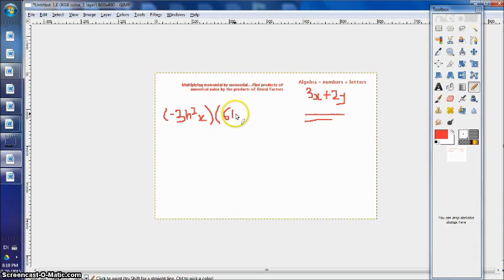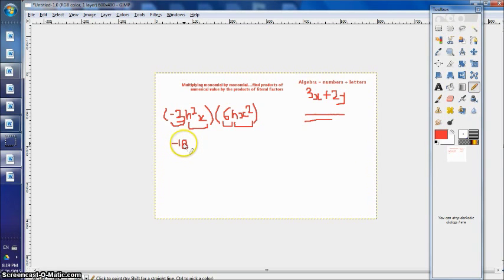Negative 3 x squared into 6 h squared. Now this is an example, again, of multiplication of monomials. What you're doing is first we're multiplying these numbers over here, okay, and then we're going to multiply the literal factors.